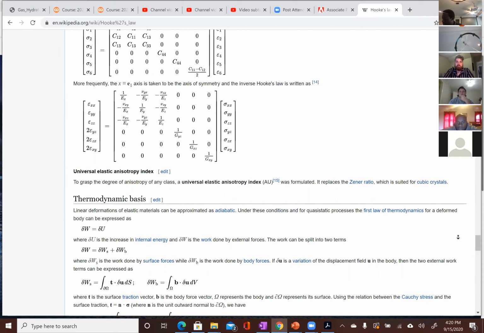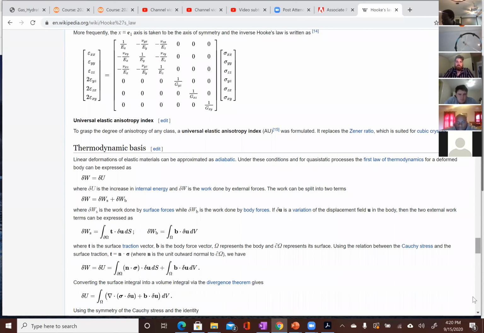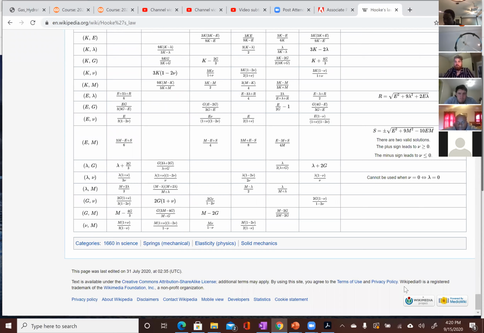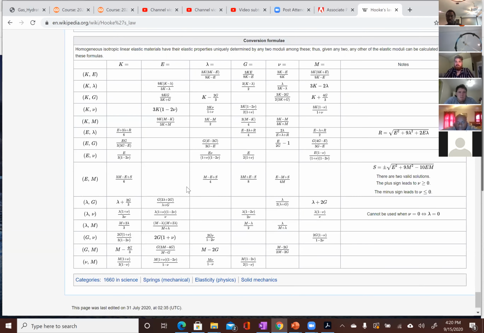Once you have the elastic modulus or 2 elastic moduli in any form, you can convert to any form using this. So if you are given K and E, or let's work with what is more realistic, K and G, bulk modulus and shear modulus, the third row.